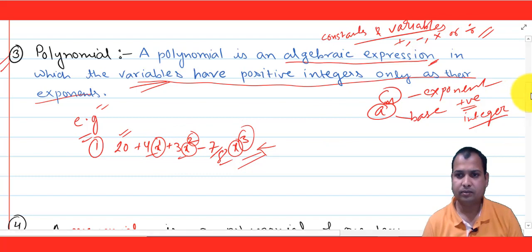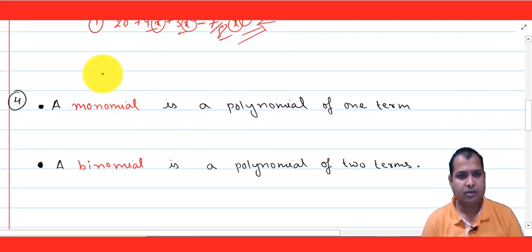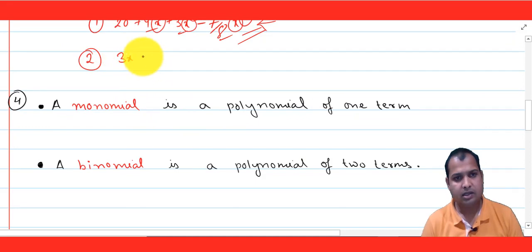Okay, now suppose I write 3x plus 7y to the power minus 2, plus 4. Now in this case, what is happening? This is an algebraic expression, no doubt, because this contains constant and it contains variables also.